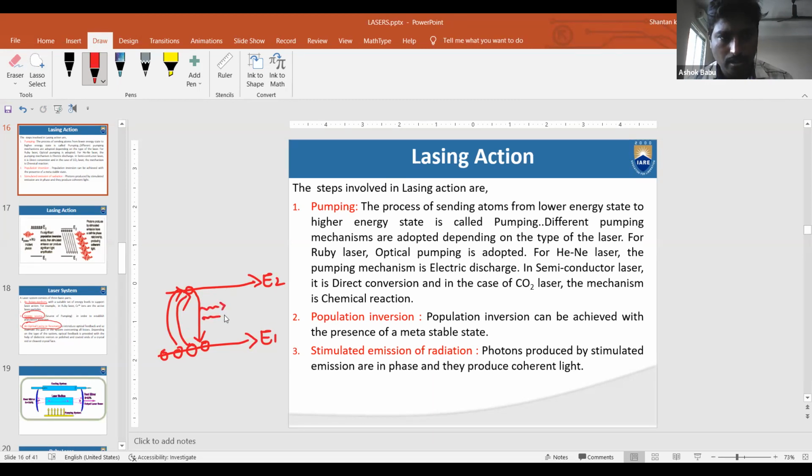These two photons may be supplied to two more atoms in the higher energy state, which absorb this energy and de-excite to the ground state energy level. So 1 is converting into 2, and 2 is converting into 4.